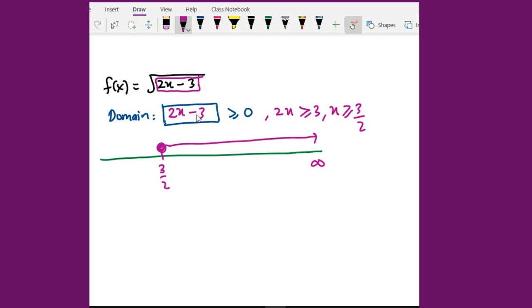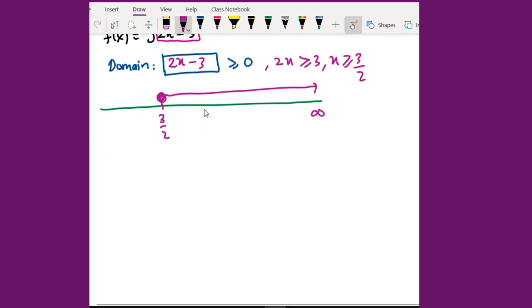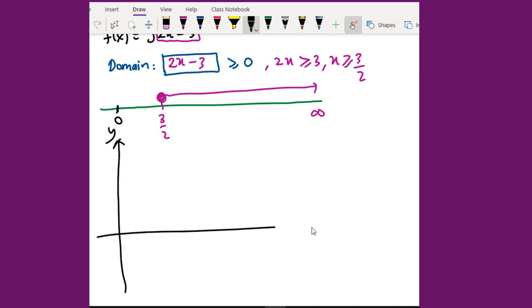So we're going to sketch the graph according to the given domain. Draw the y-axis and the x-axis, with a dotted line at the point 3 over 2. This means that the graph is only on this side.